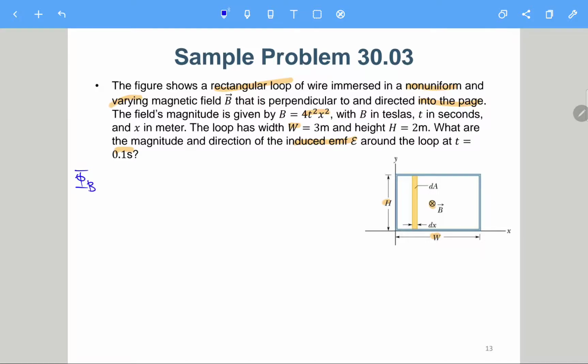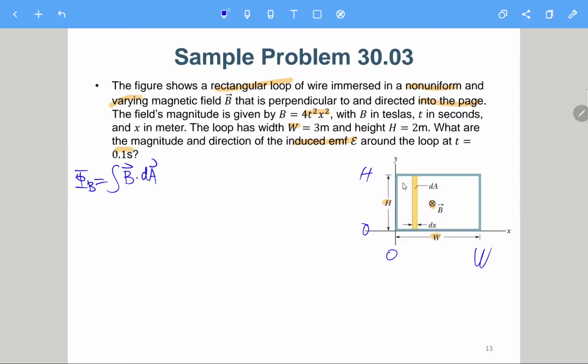So phi B is the integration of B dot dA, of course, over this rectangle, which means x is from 0 to w and y from 0 to h. But hopefully, B doesn't relate to y, so it will be a bit easier.